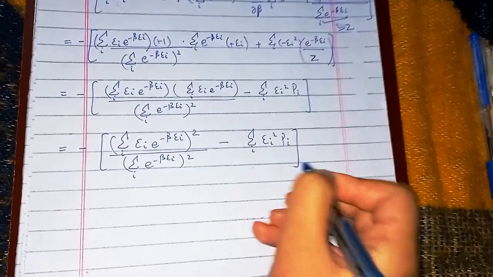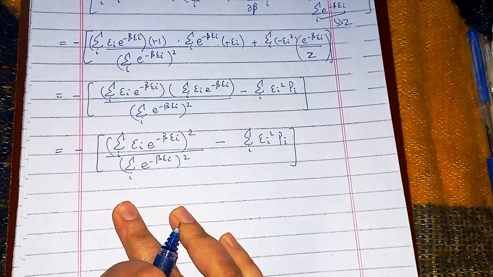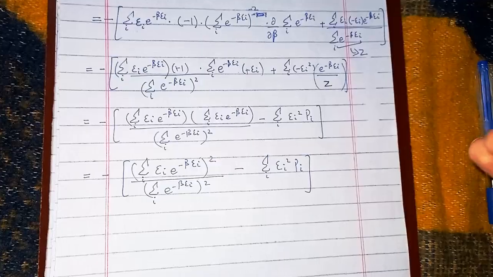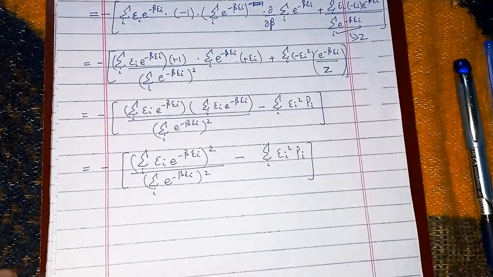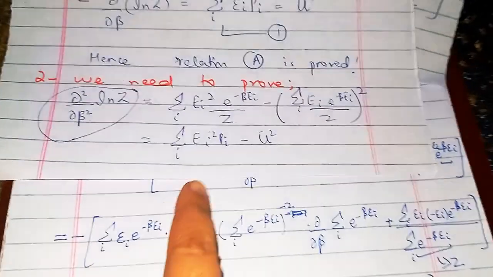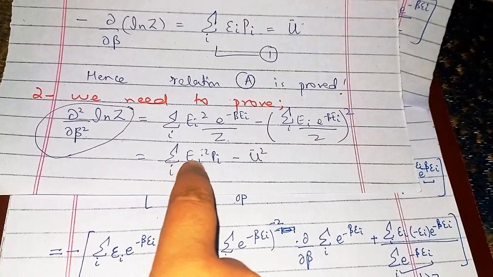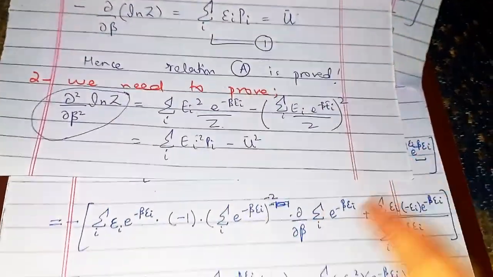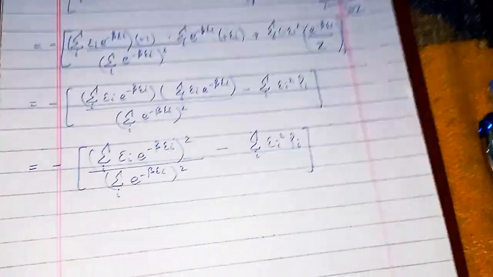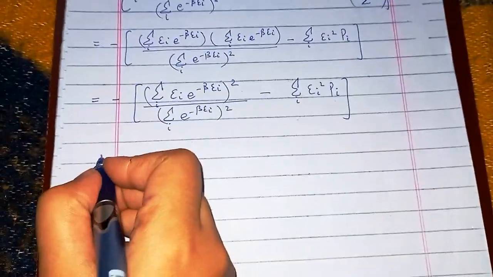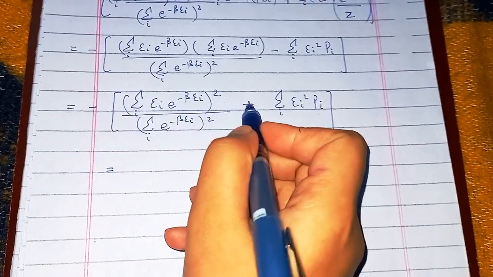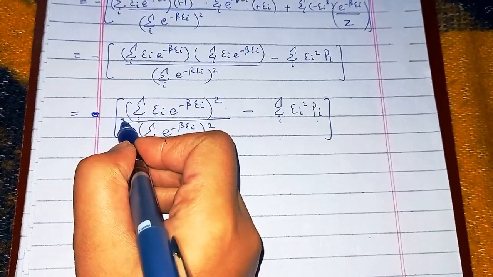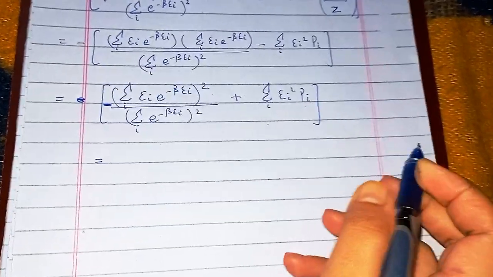Let's see what we wanted to prove in the first place and compare what else is needed to prove the form. Here is what we needed to prove, and we can see that ei square pi has a positive sign, and that could be easily generated. Almost, we are done. Multiplying the negative sign inside, this term will become negative and this will become positive.